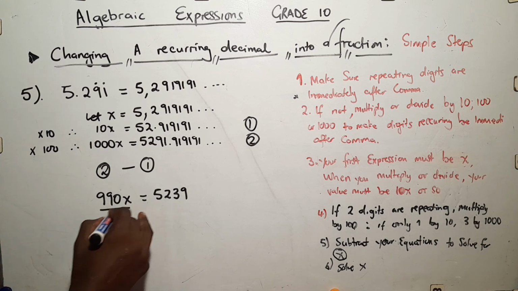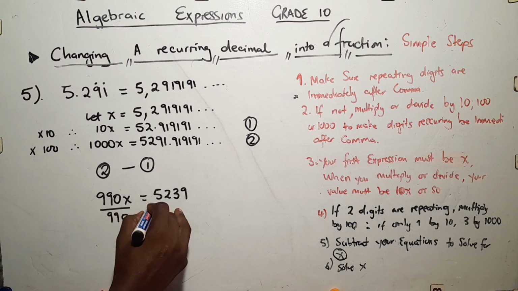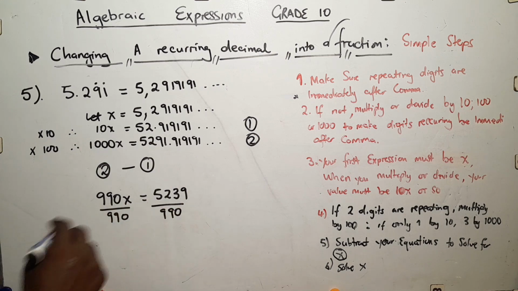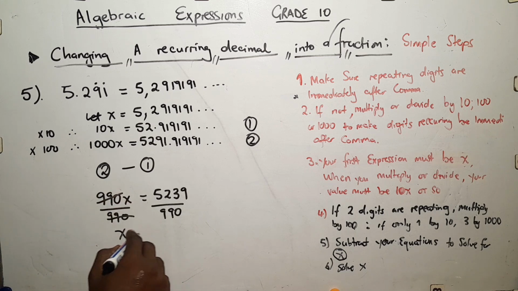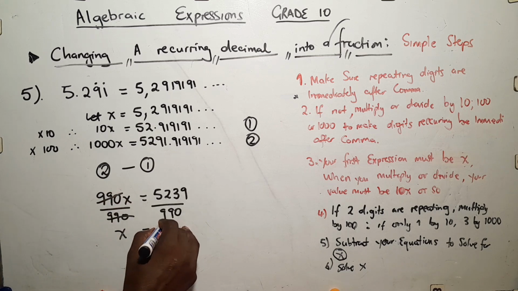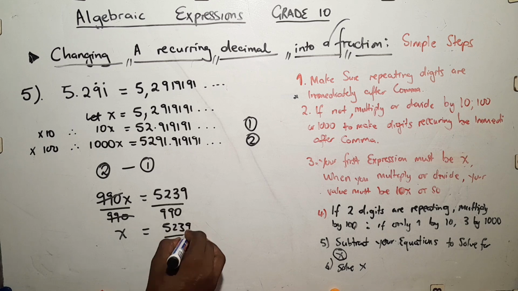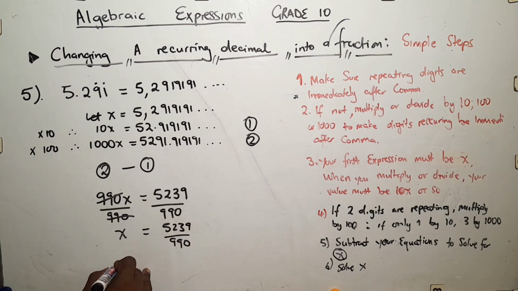So we can divide both sides by 990, like that. So our x becomes 5239 over 990. So it means that our 5.291 recurring is equivalent to 5239 over 990.